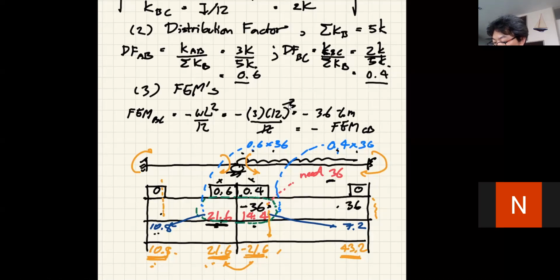So this 21.6 multiplied by 0.5, which is the carryover factor, will be sent to the far end. So 50% always of the moment here will be sent over to the far end of the member. And 50% of this 14.4 again will be sent to the far end of member BC. That's why we have 10.8 and 7.2.